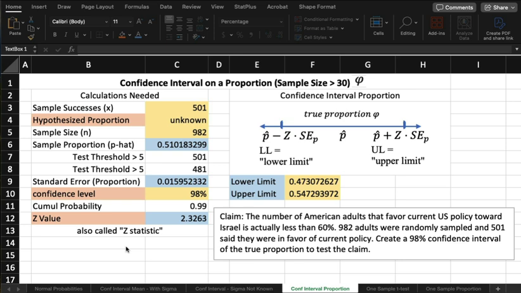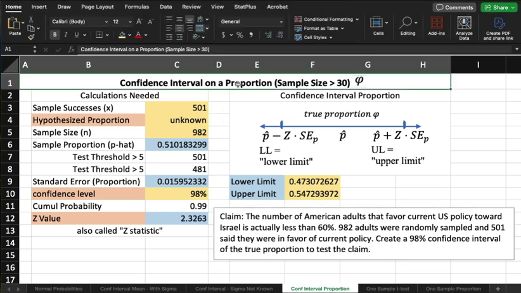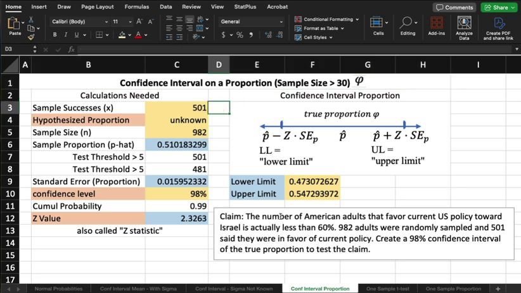Remember that a proportion is usually for data that we've collected that is categorical in nature, not quantitative, but qualitative data. We're talking about a proportion of results that satisfy a certain condition. I'm going to read a problem to you, and then we'll talk about how to solve it.